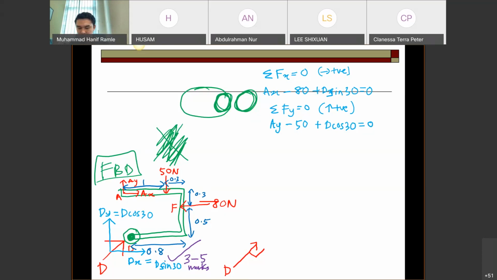All right, so from these 2 equations, actually you cannot solve it. You cannot get the AX, AY, and D. Am I right? Yes. So what is actually another way to develop an equation?